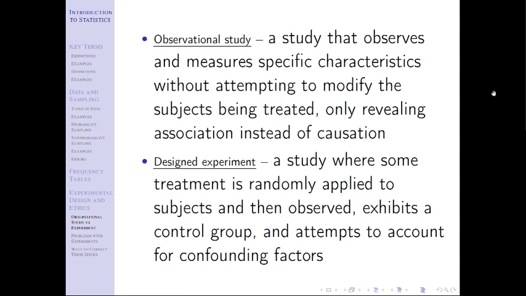It can control for confounding factors. Confounding factors means things that would mess up my analysis, right? It can control for it because as long as my groups look about the same, then I can come back and say, yeah, the only difference in the group was the fact that one got a drug and one didn't. And so that means that the drug is probably the reason why one group performed better than the other.